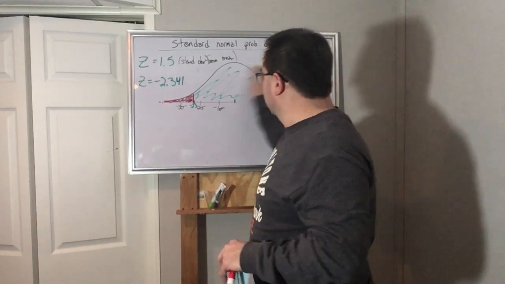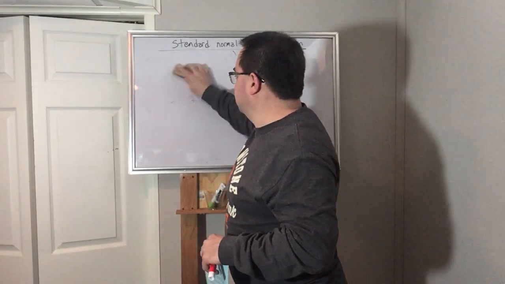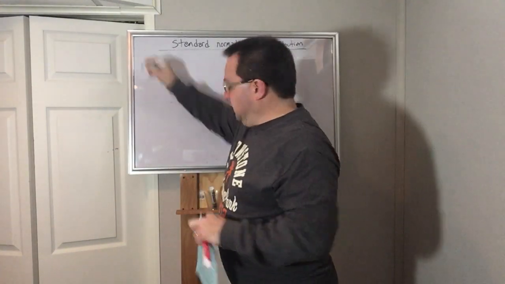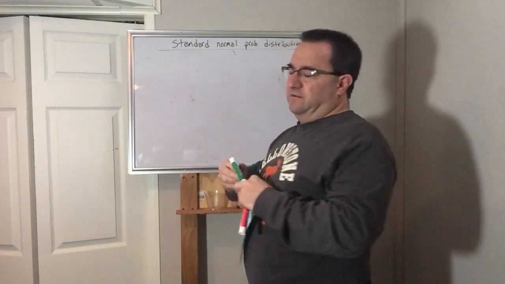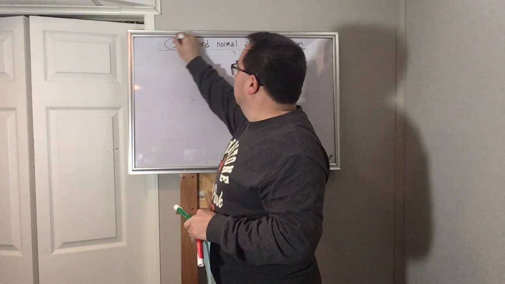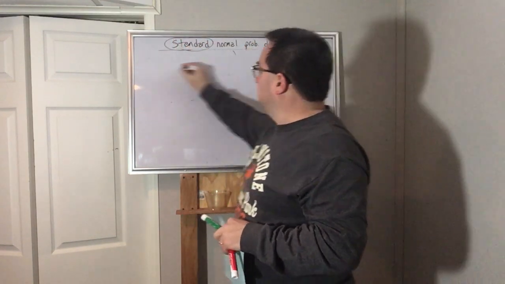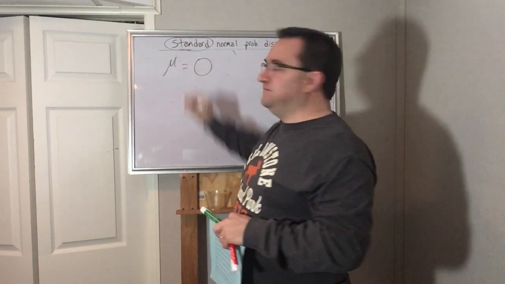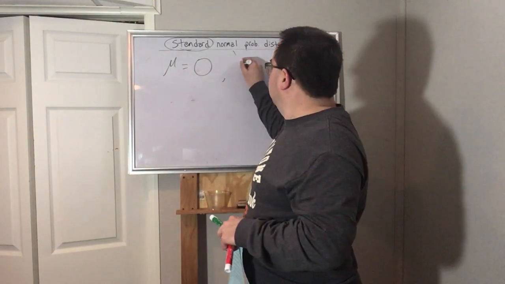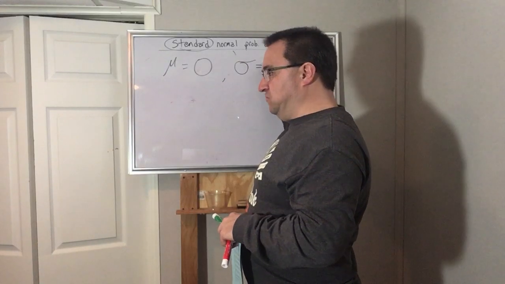Actually, we got to do a few more here. I better tell you this up now. This kind of gets into the next lesson, so right now you don't really care, but for it to be a standard normal, the mu has to be 0. We've been treating it like 0. The mean has to be 0, and the standard deviation has to be 1.